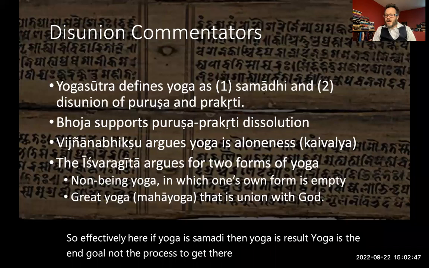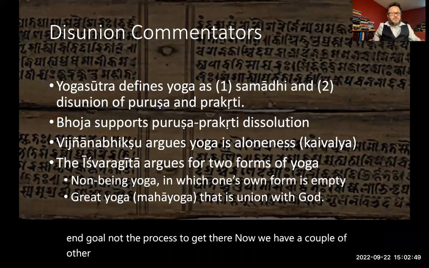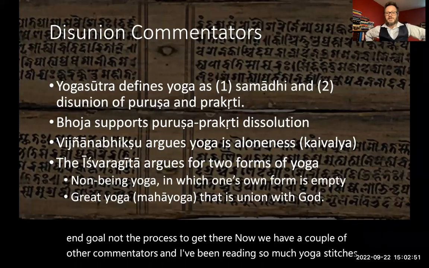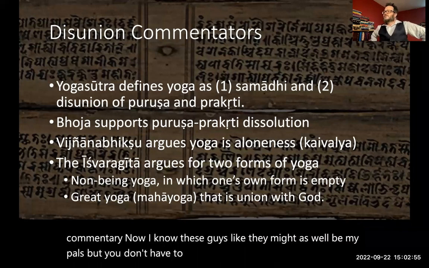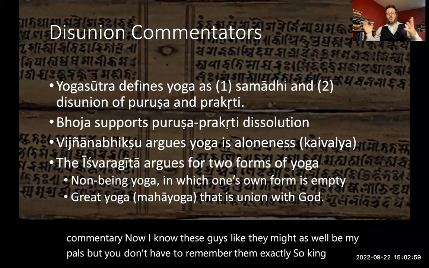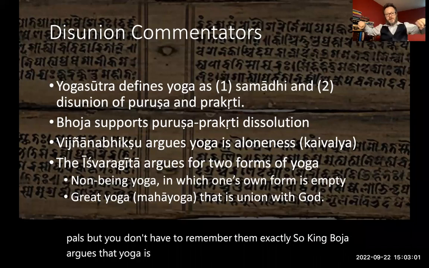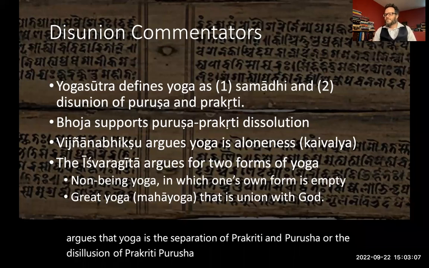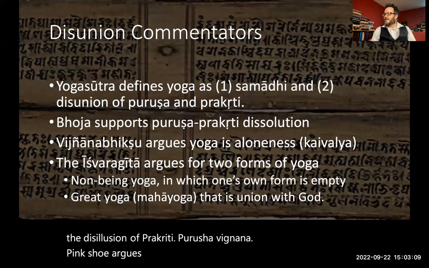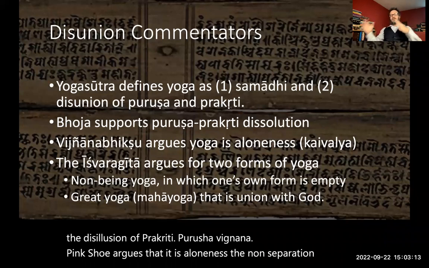Now, we have a couple of other commentators, and I've been reading so much Yoga Sutras commentary now, I know these guys like they might as well be my pals, but you don't have to remember them exactly. So King Bhoja argues that yoga is the separation of Prakriti and Purusha, or the dissolution of Prakriti, Purusha. Vijnana Bhikshu argues that it is aloneness, the non-separation of supreme self and individual self.